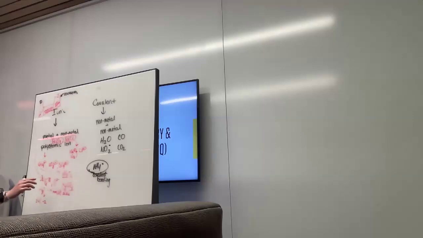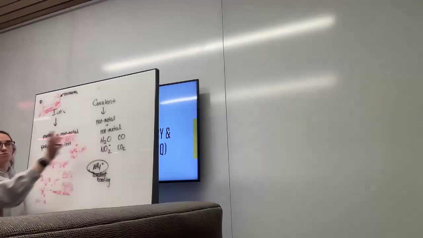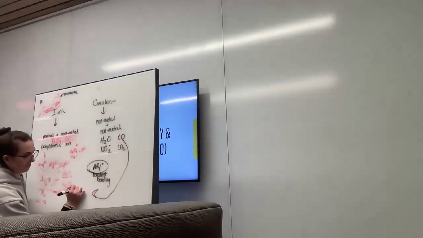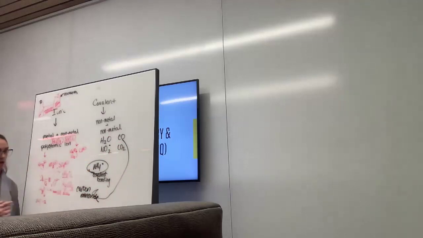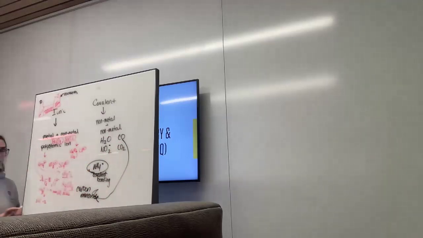But in terms of naming regular covalent compounds, we said this was carbon monoxide. If there's only one at the beginning, you don't need any prefix. But when you have one oxygen or two oxygens, then you say monoxide or dioxide.